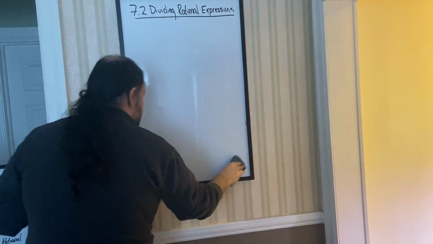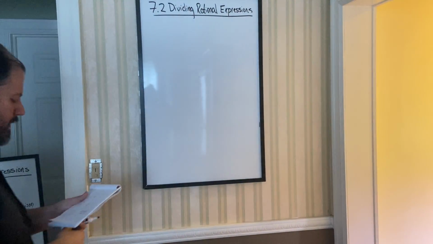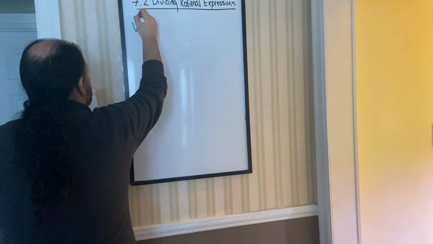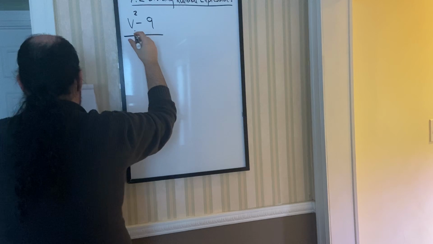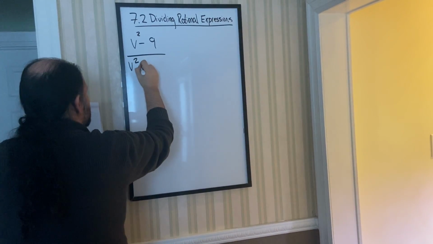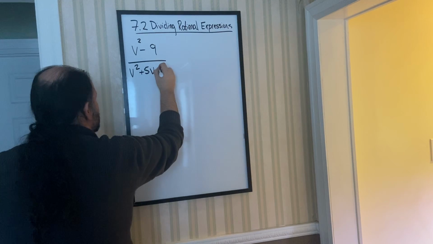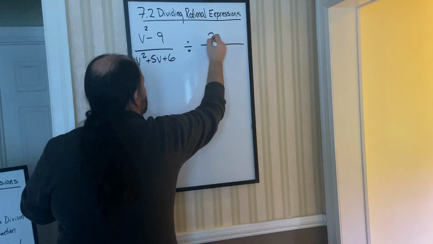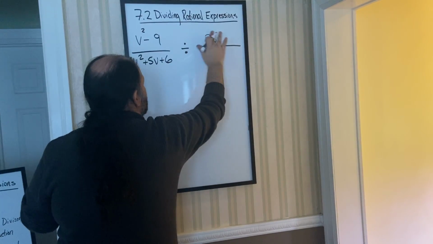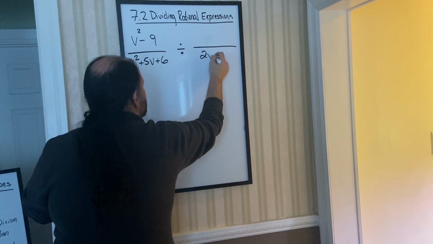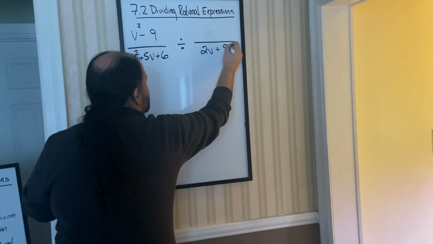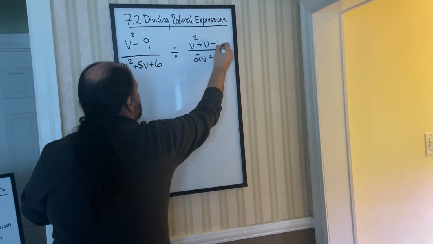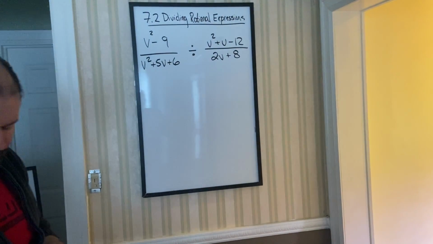We did one that has monomials, so of course you know I'm going to pick out one that has binomials and trinomials. So how do we work on this guy?